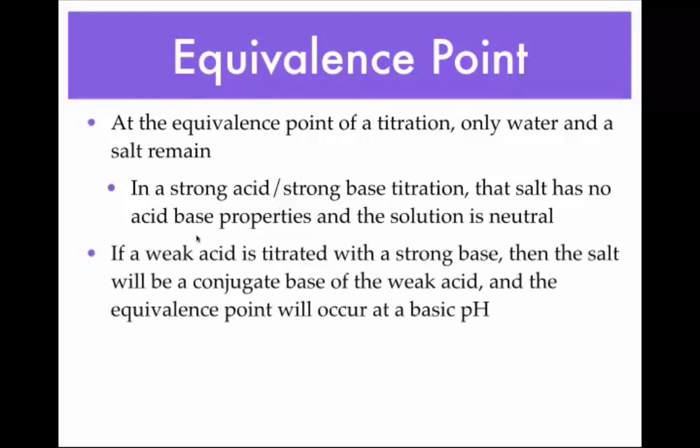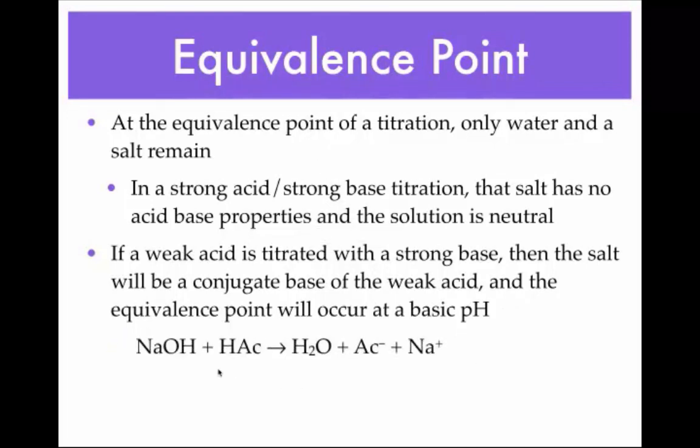However, if we have a weak acid titrated with a strong base, then the salt that's left over is going to be the conjugate base of that weak acid, and the equivalence point will occur at a basic pH, because now we've got conjugate base in solution that will hydrolyze with the water and give us an overabundance of OH minus, like we've seen in the previous lectures. So we'll take a look to see how that works.